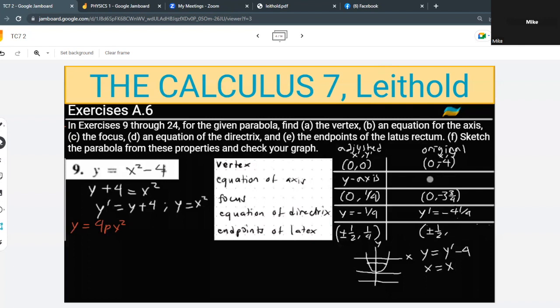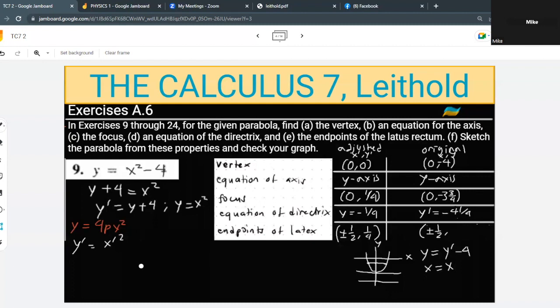Hindi, magsimula tayo sa adjusted. Kasi, tingnan mo, yung y equals 4px squared mo, that should be y prime is equal to x prime square. So yung new equation, yung adjusted, is y prime equals x prime square. And saka na i-compare yung mga ano.